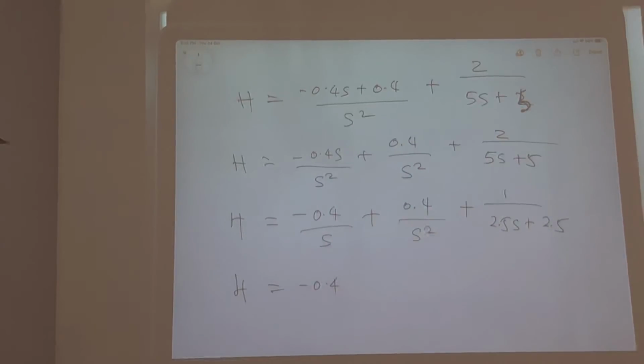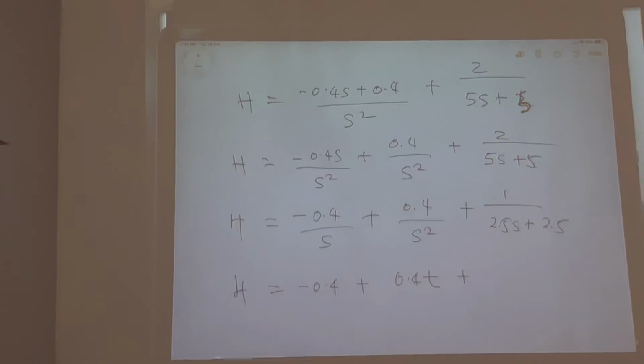And originally I got 0.4. So 0.4 multiplied 1 is minus 0.4 plus s power of 2, if I inverse it back, is t. So I got 0.4t. And 1 over 2.5s plus 2.5 is equal to this one, right? So if I inverse it is 1 minus this one.